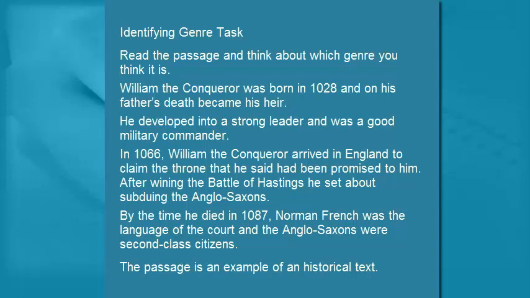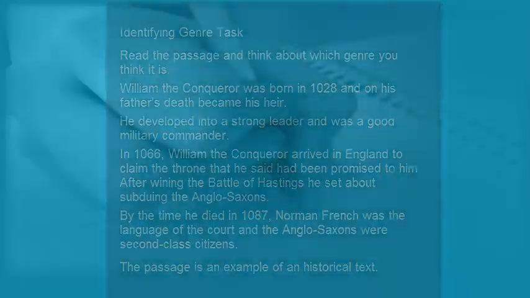In 1066, William the Conqueror arrived in England to claim the throne that he said had been promised to him. After winning the Battle of Hastings, he set about subduing the Anglo-Saxons. By the time he died in 1087, Norman French was the language of the court, and the Anglo-Saxons were second-class citizens. The passage is an example of an historical text.